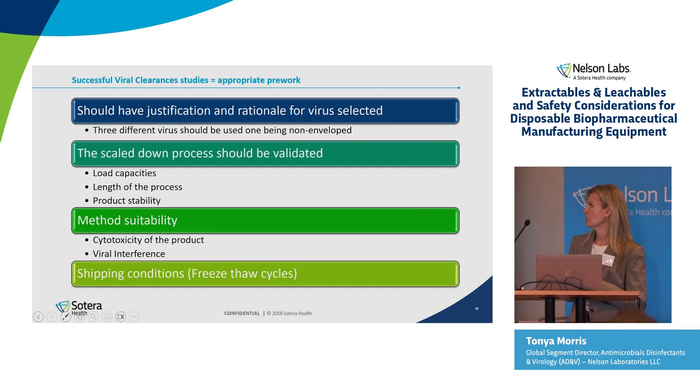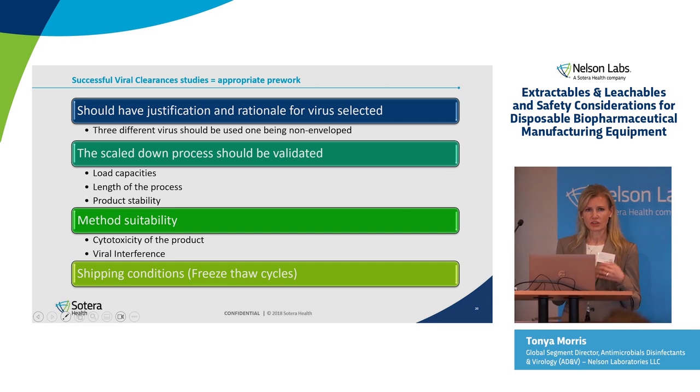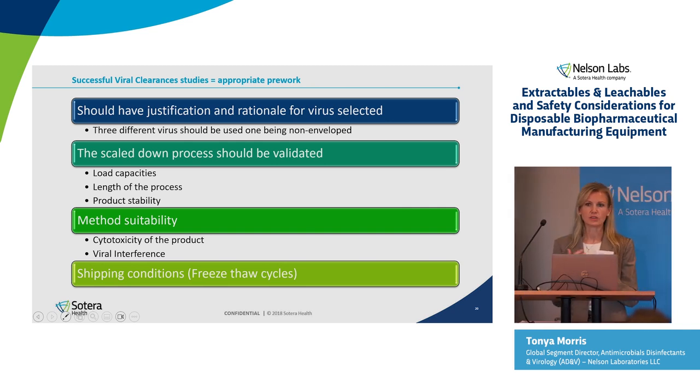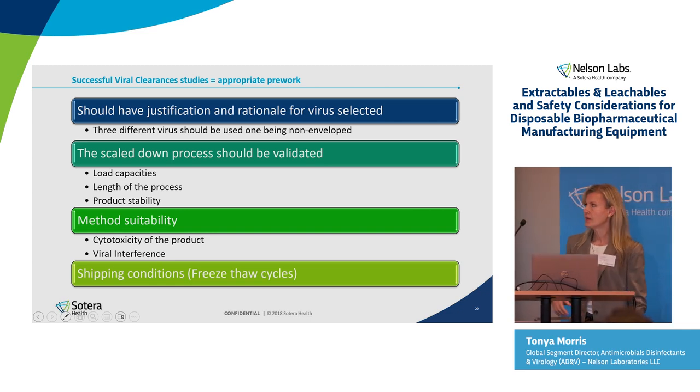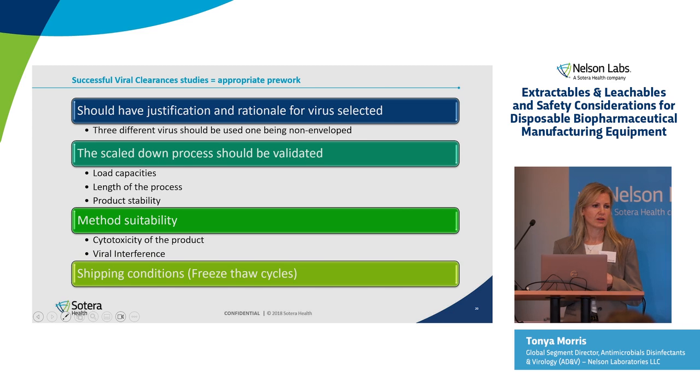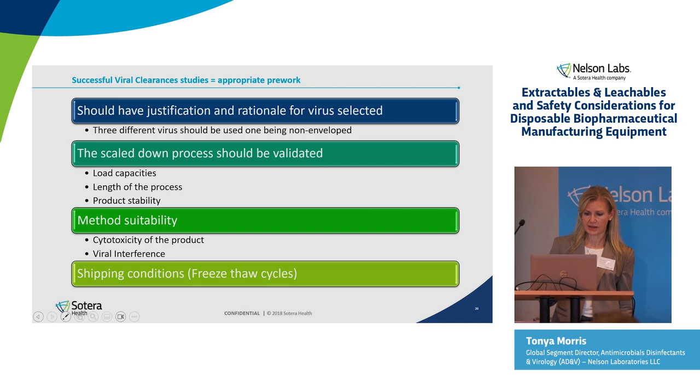In addition, we want to make sure that there's not any viral interference, meaning that as we're trying to assay for that virus, we can actually pinpoint and quantitate the virus without any interfering compounds that might make it look like it's either lower or higher in the analyses. And then really take into consideration any shipping conditions, freezing, thawing, whether the product's staying stable. Those also come into play when it comes to designing these.